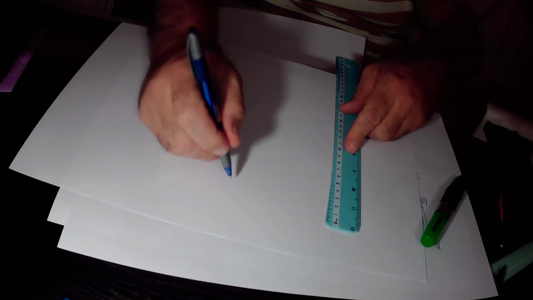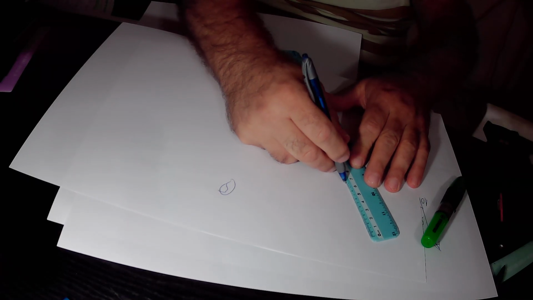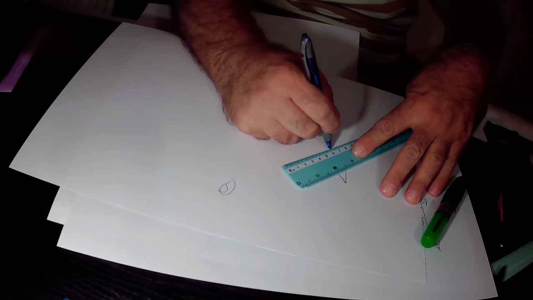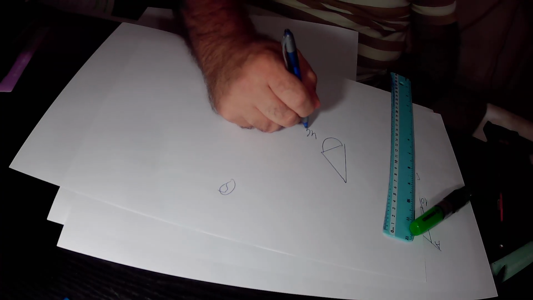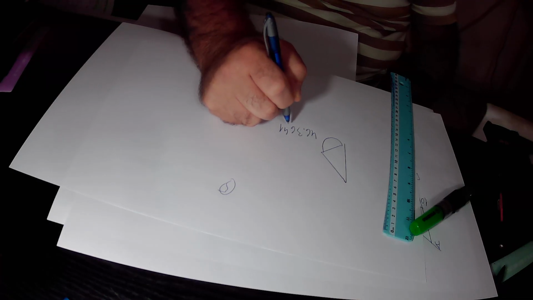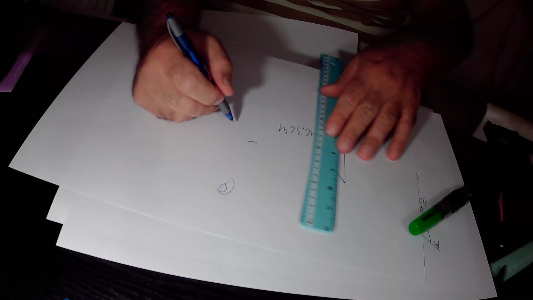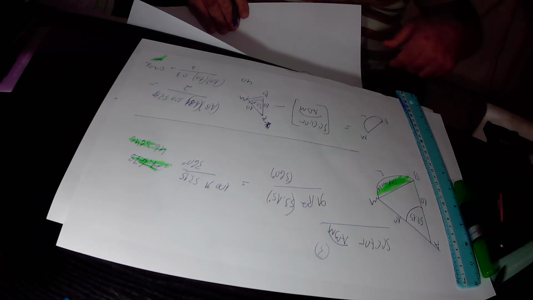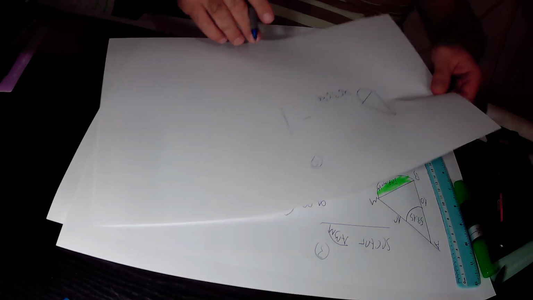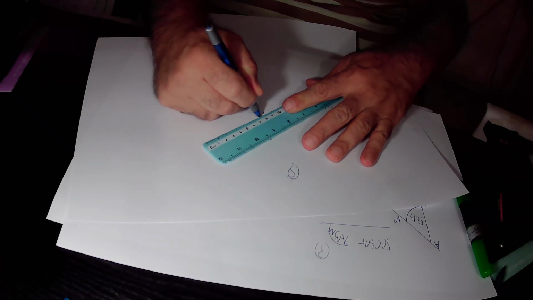So the area of sector ABM is equal to 46.3641 square units in its size, minus the area of triangle ABM, which equals 40 square units in its size.